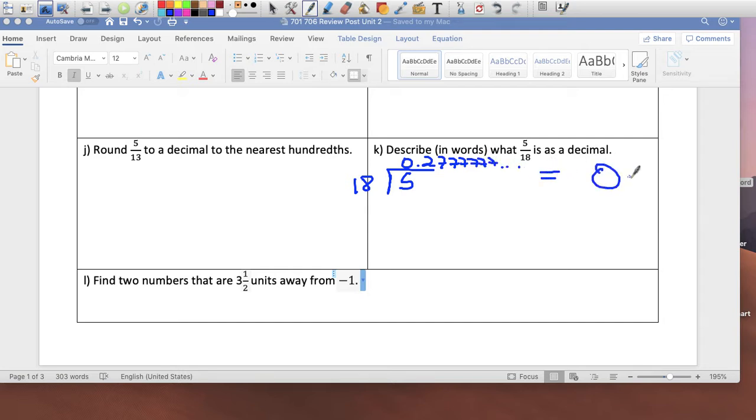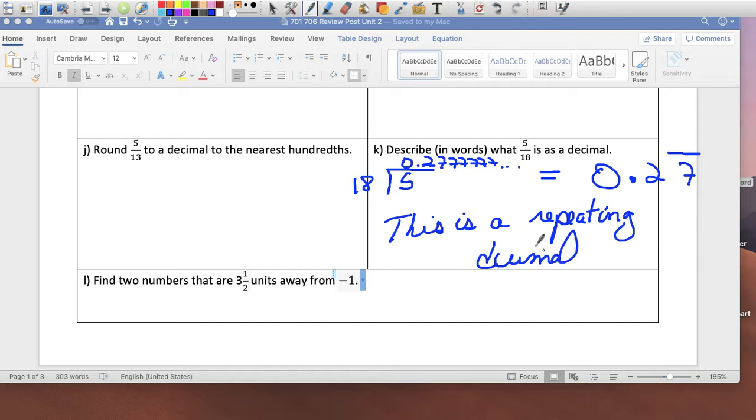So this is going to change to 0.27, and the bar is here, not here, but here. So what is this decimal? This is a repeating decimal and non-terminating.